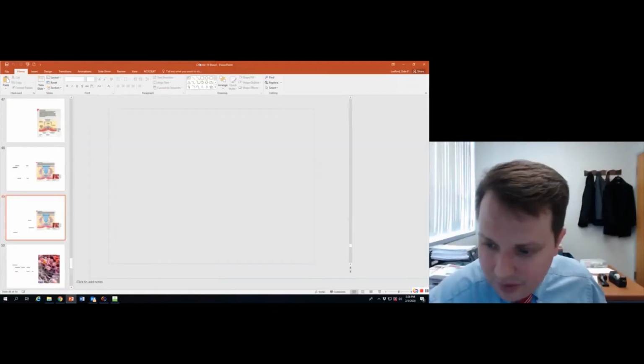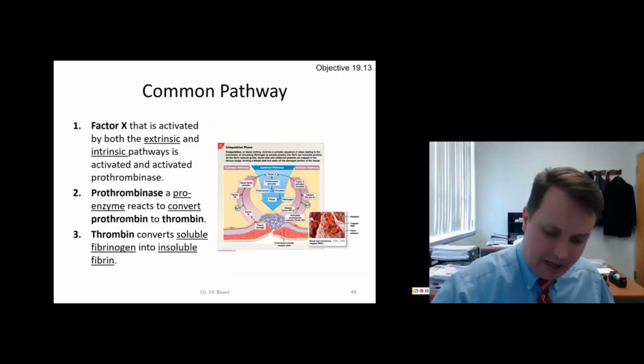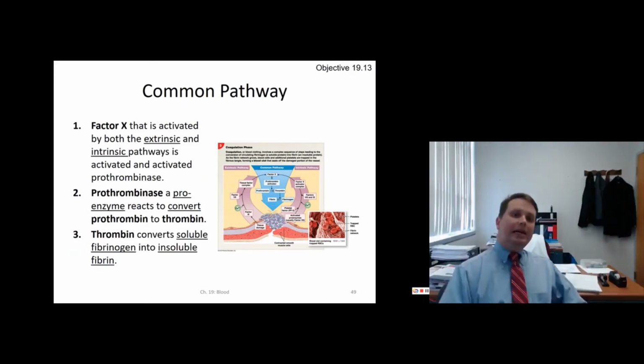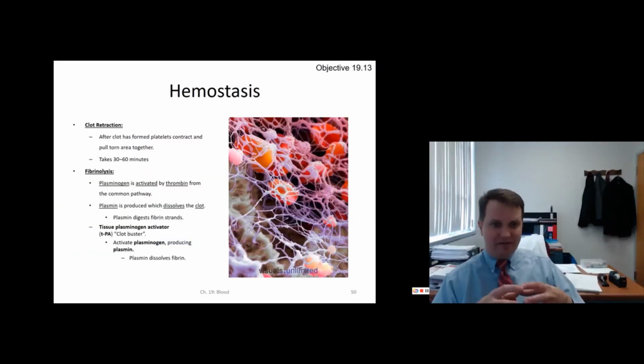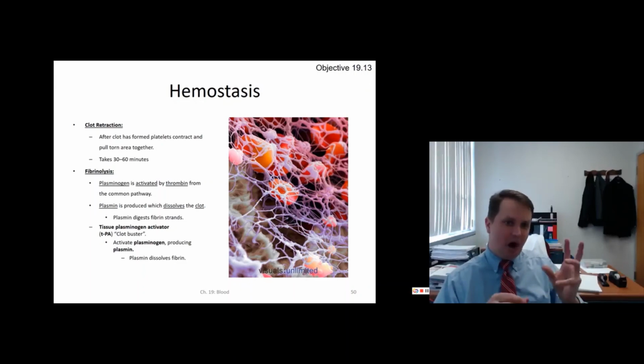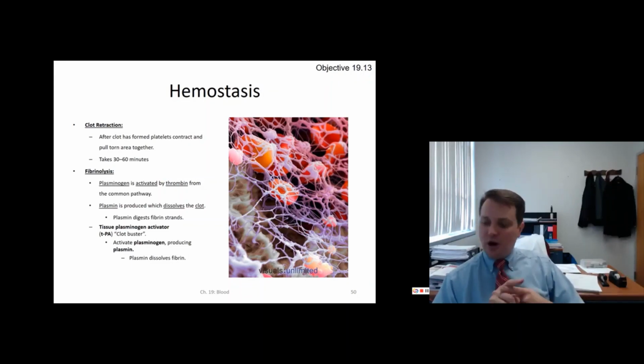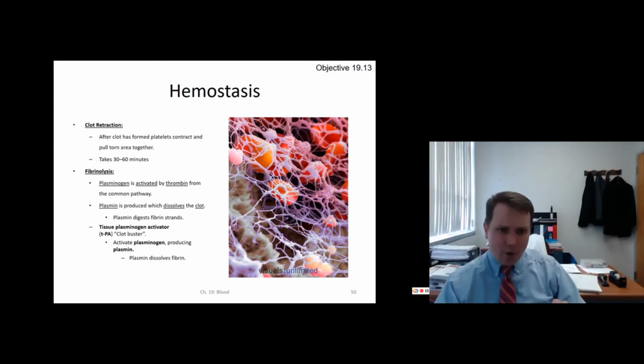Now, the last thing I do want to talk about here is that the clot that we've made, the platelets can get pulled off after it takes about 30 to 60 minutes. Not only does thrombin activate platelets, not only does thrombin convert fibrinogen to fibrin, but thrombin also activates plasminogen.